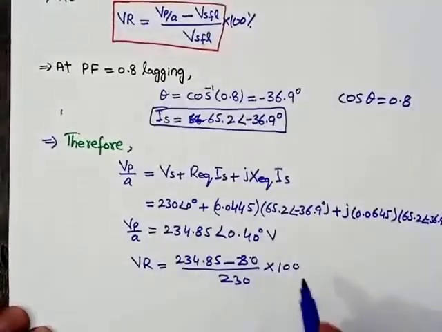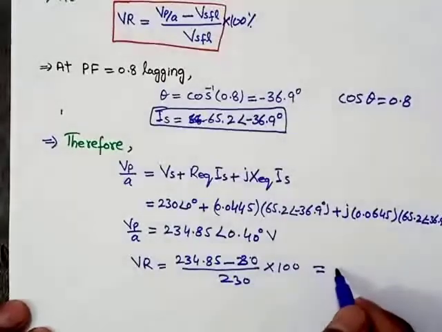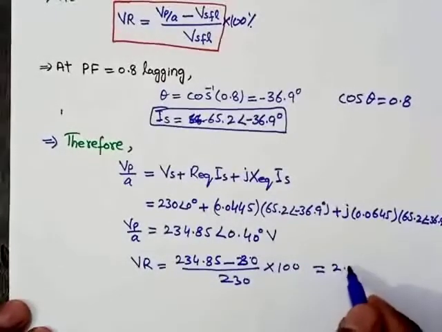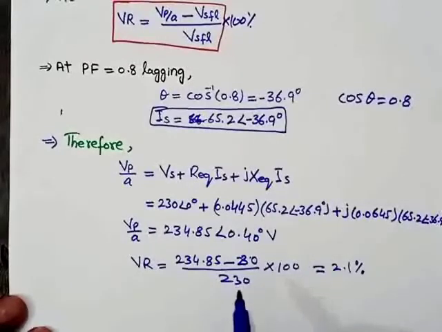Then the voltage regulation will be equal to 2.1%. This voltage regulation is positive. Positive means when we connect the load across the secondary side of the transformer, then the voltage will drop. Now as you can see in this equation, no load voltage is greater than the full load voltage. So that's why the voltage regulation is positive.